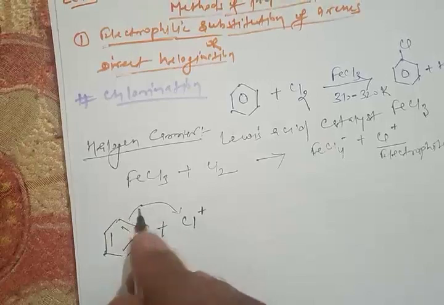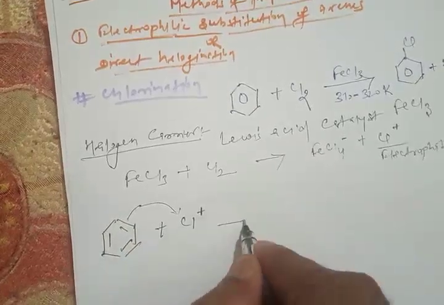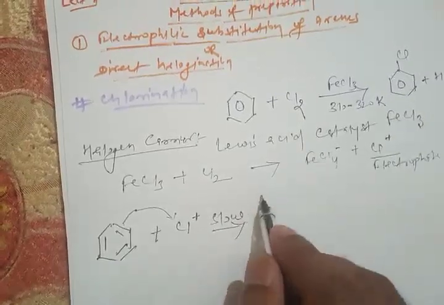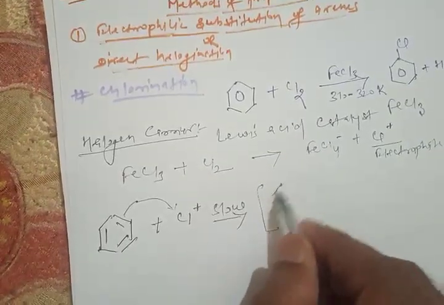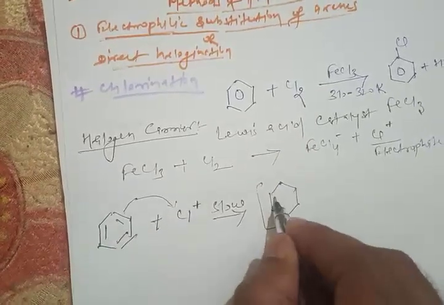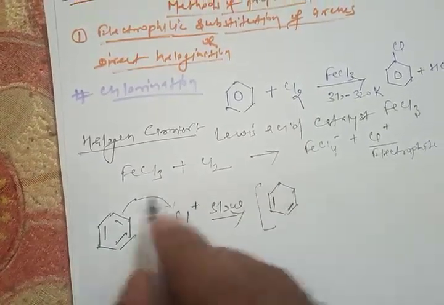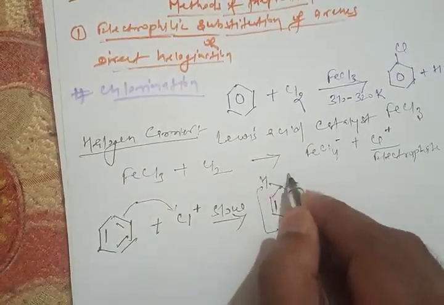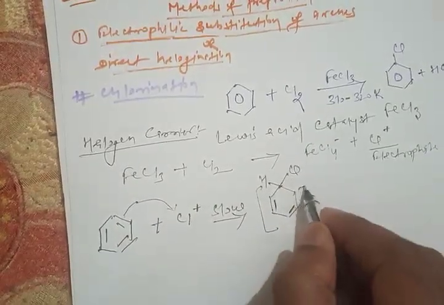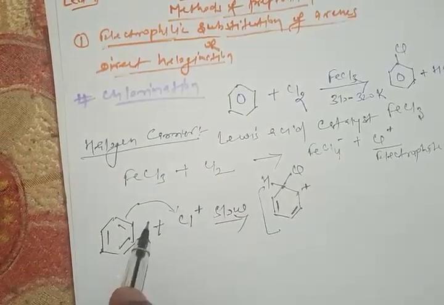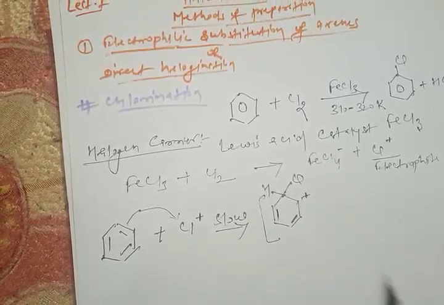Just see the movement of electrons, and this gives a slow reaction. Then you get this pi electron, here the hydrogen and chlorine, and this becomes a positive charge, because the direction of the arrow is always toward a negative charge, so this will be a positive charge.